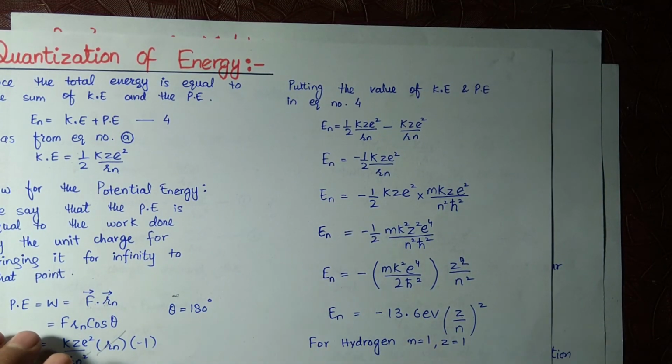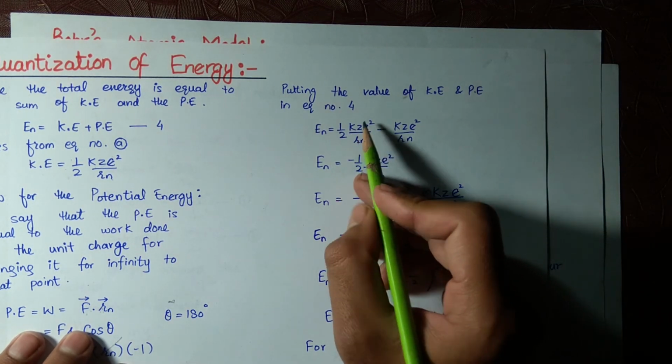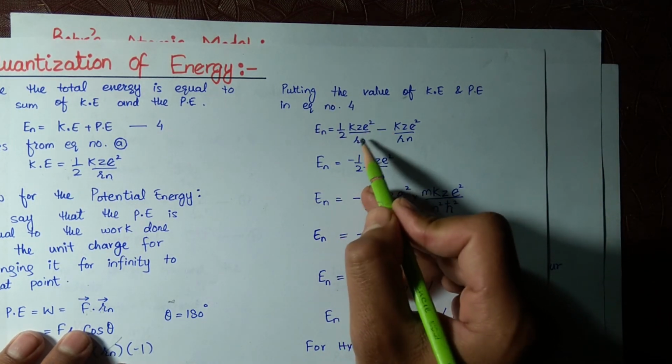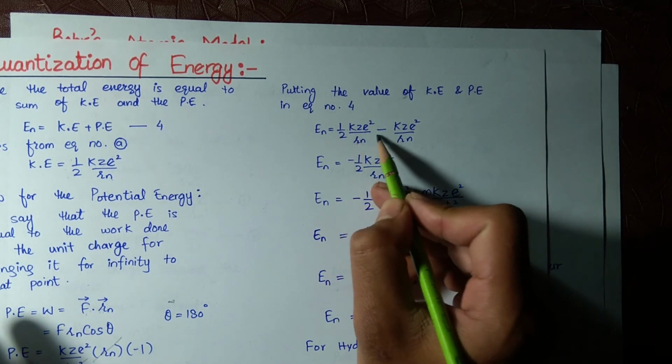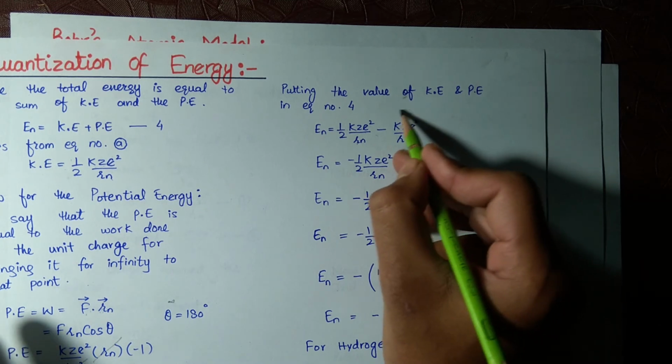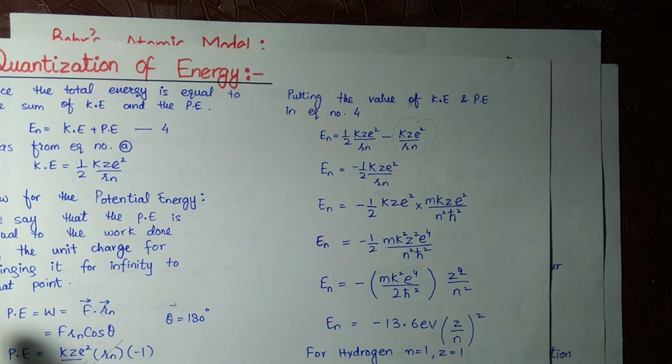Now the main confusion which will come in your mind is where this half of k Z e square over Rn comes from. This is the value of potential energy we have put here.